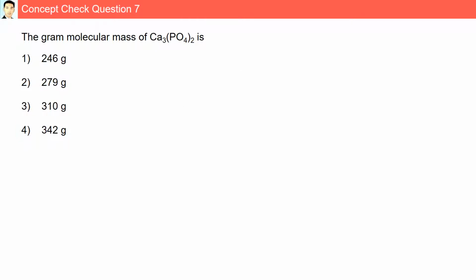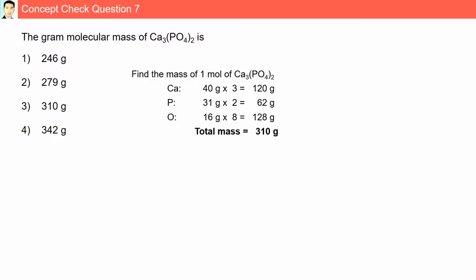Question 7. The gram molecular mass of calcium phosphate. First, we need to identify the elements present, get the molar mass, and then multiply it by their subscripts. For calcium, the molar mass is 40.